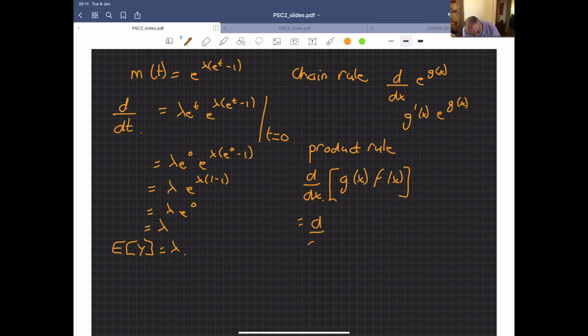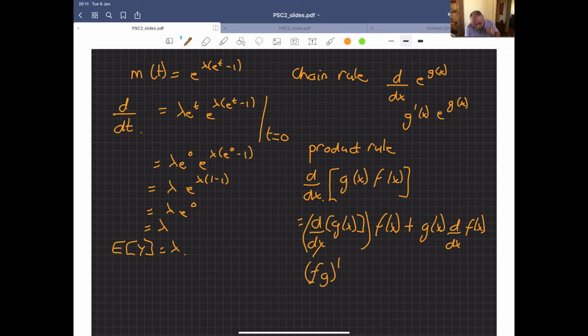First of all, you differentiate your g of x and then multiply that whole thing by f of x, plus you write your g of x and you differentiate your f of x. Or in quicker notation, if I differentiate f g, where my little tick there means differentiate, it is equal to f differential g plus f g differential.